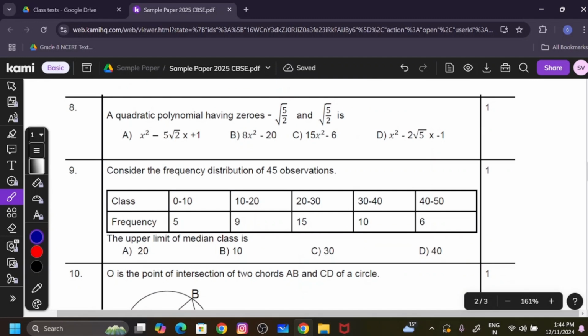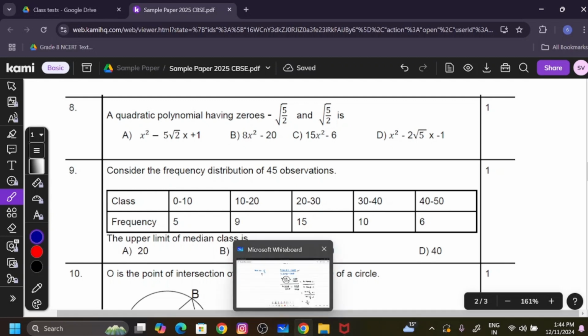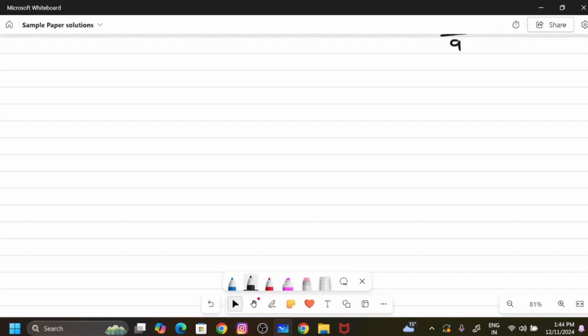A quadratic polynomial having zeros minus root 5 by 2 and root 5 by 2 is. Zeros are given as, let us say, alpha is minus root 5 by 2 and beta is equal to root 5 by 2.